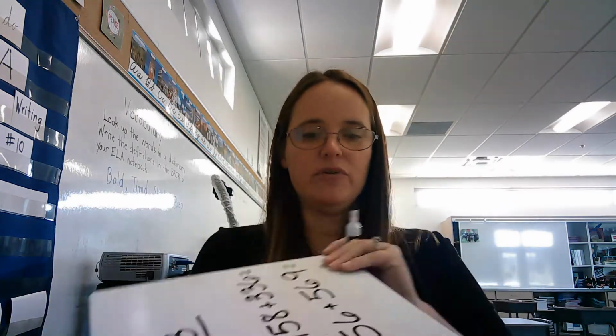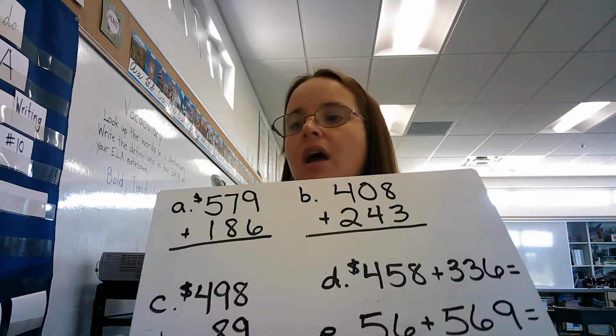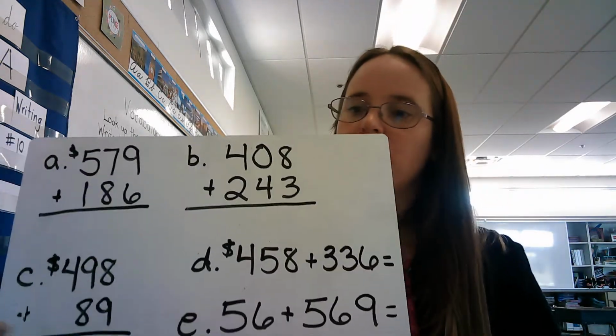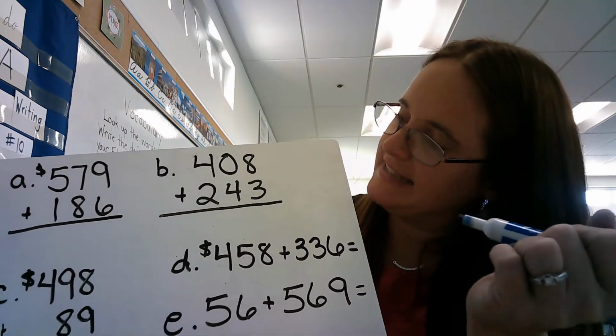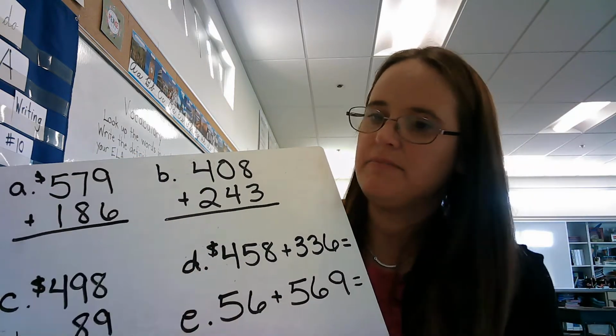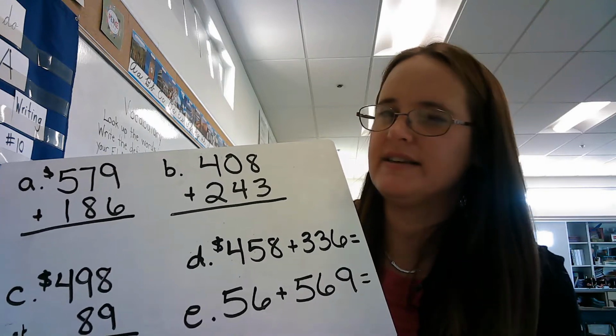Okay, so take a look at A here. We'll do that one first, and I'm going to switch colors so that you guys can see my work pretty good. All right, so we have 579 plus 186. 9 plus 6. Oh, that's my nines trick.